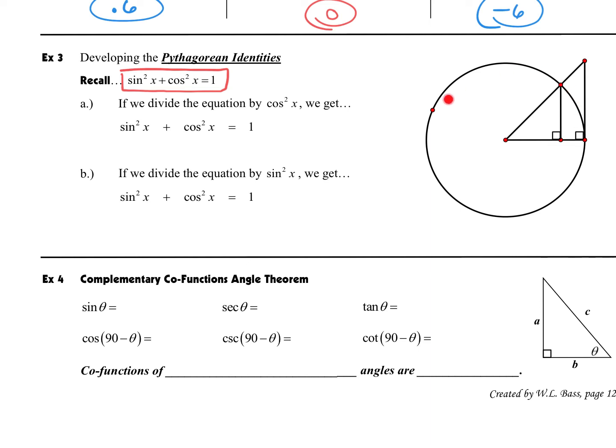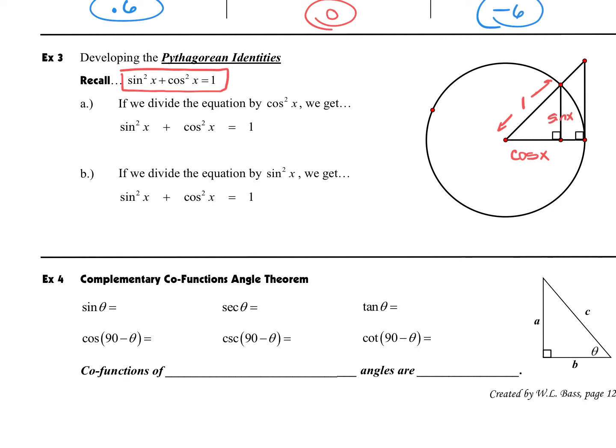If we think about this unit circle here, we're going to consider this over here to be a unit circle. And if this is a 1, I have a nice radius of 1. We already know from before that to get to this point on the unit circle, this x value is going to be considered my cosine, and then this y value here is going to be my sine.